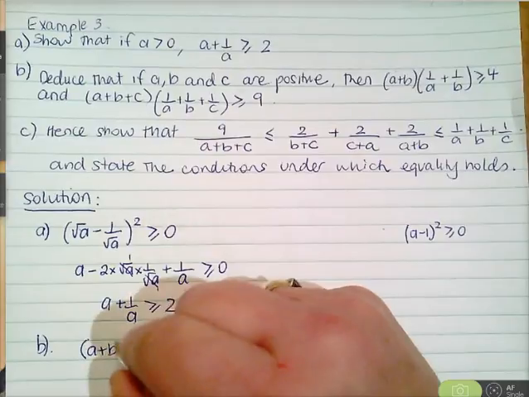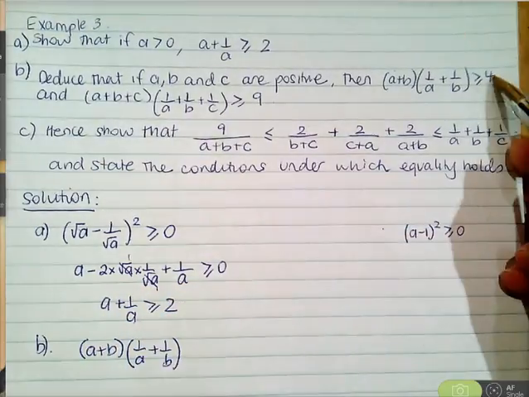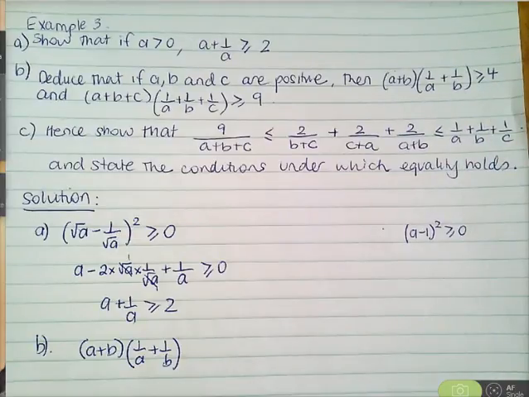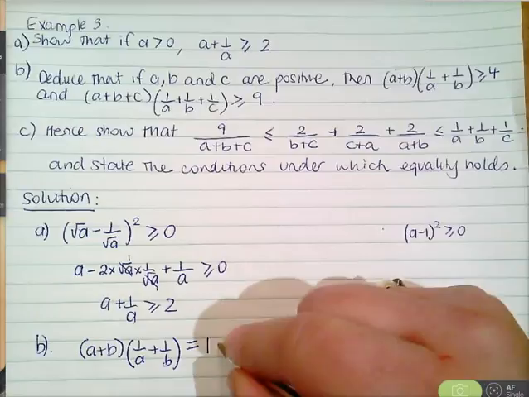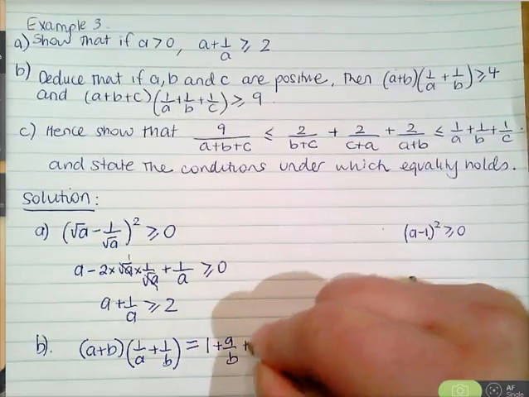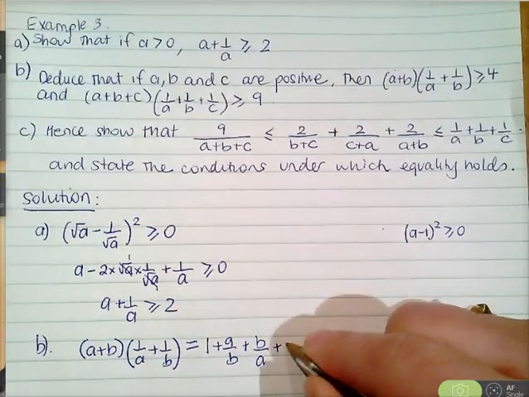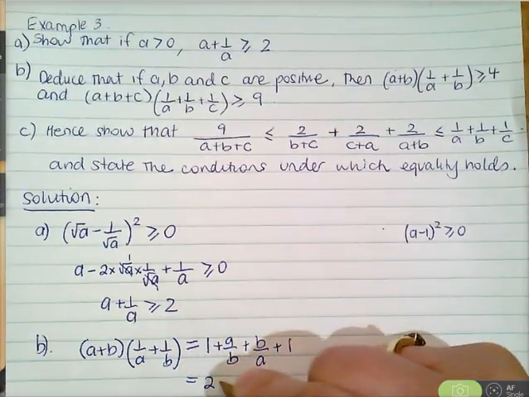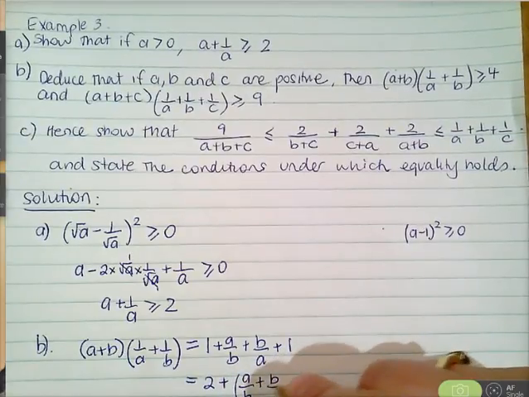So we've got A plus B times 1 on A plus 1 on B, and we have to show that that is greater than or equal to 4. Now, you can start by expanding that, okay? So A times 1 on A is 1, plus you would get A on B, plus B on A, plus B times 1 on B is 1, which means that you would get 2, 1 plus 1 is 2, plus A over B plus B over A.